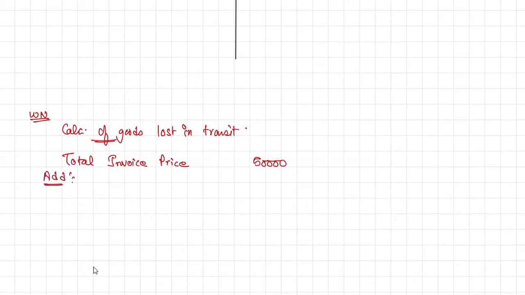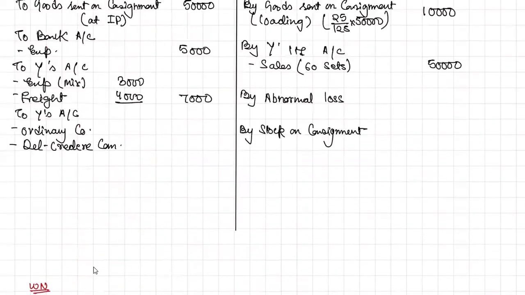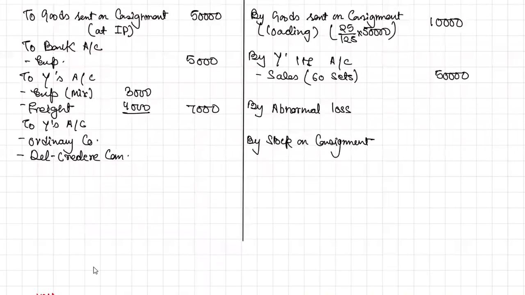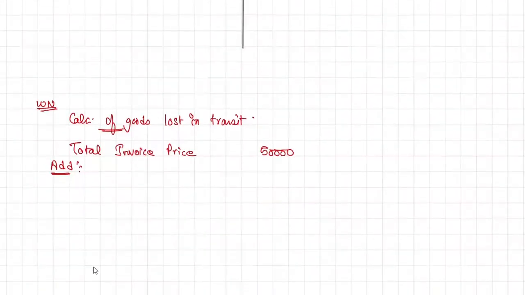ओके, इसमें क्या ऐड करते थे हम? What we used to add over here? कॉस्ट में हम क्या ऐड करते हैं? जो भी एक्सपेंसेस हुए. कंसाइनर्स एक्सपेंस जो कि 5,000 का ही है.